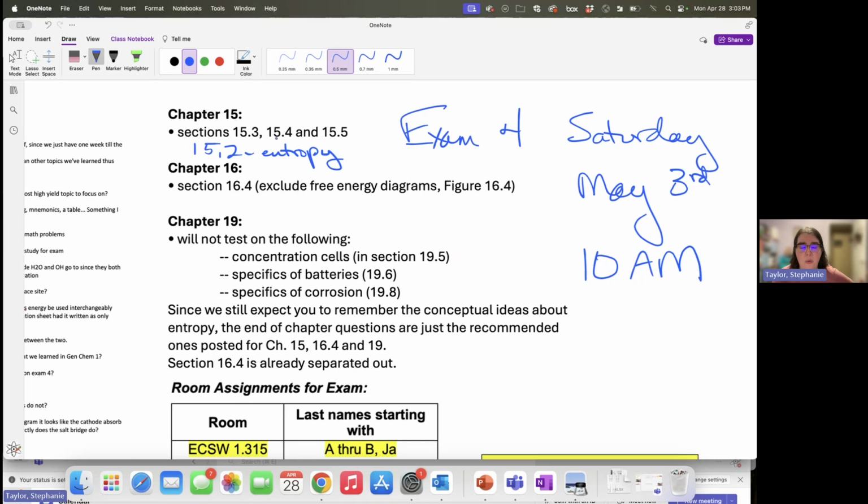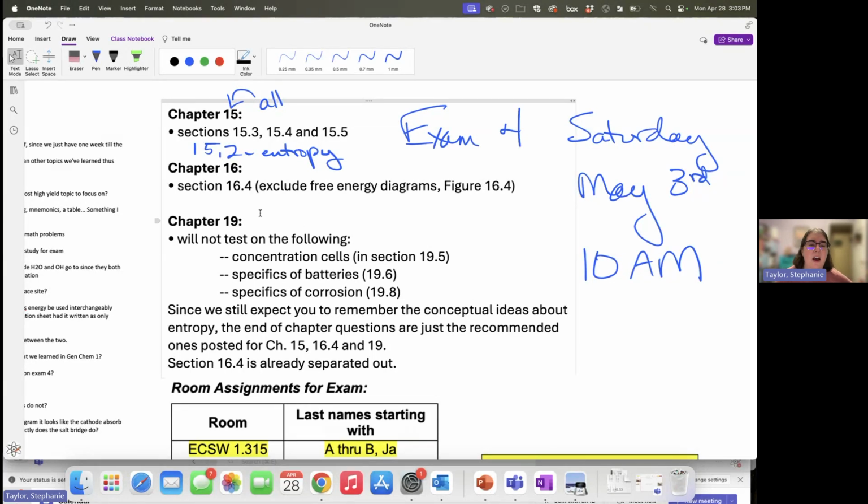So while you'll find questions specifically on these various pieces, keep in mind that it's really all of chapter 15. There's really not that much that we've taken out and removed because the hard thing is that especially for assessing if a total reaction has a positive entropy value or a negative entropy value, those are things that you actually do still need. So there's some stuff in there still.